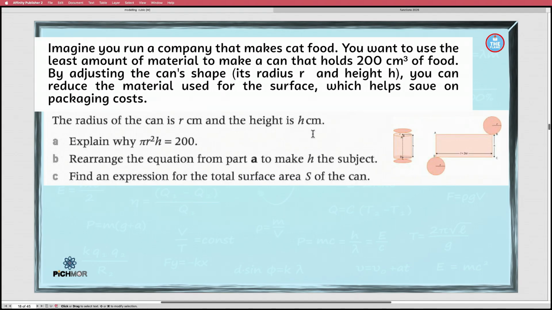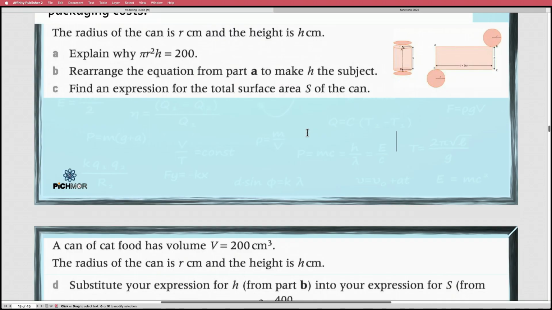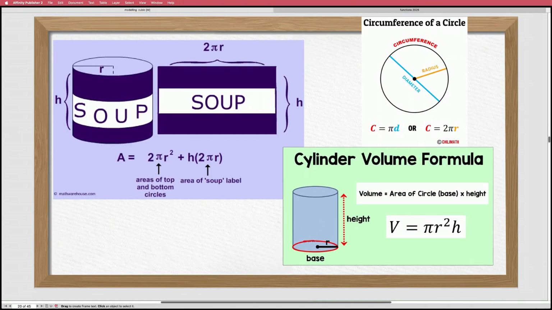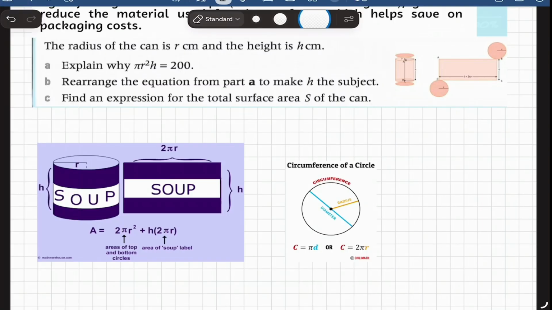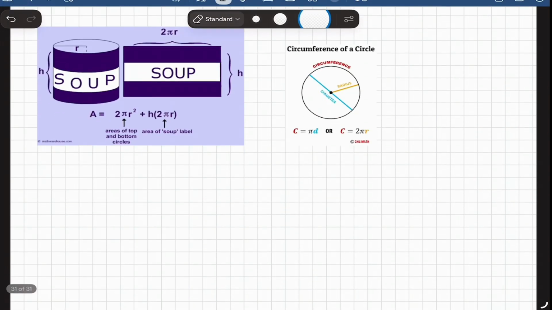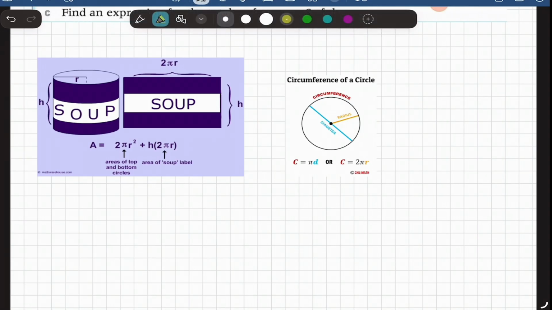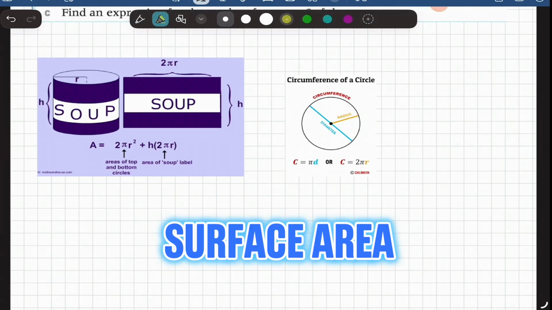So we need to remember something before this. Let me show you this. Pay attention to this, guys. When we are talking about optimization exercises, we are going to use surface area. What is the surface area?